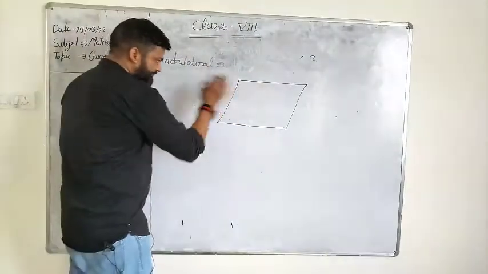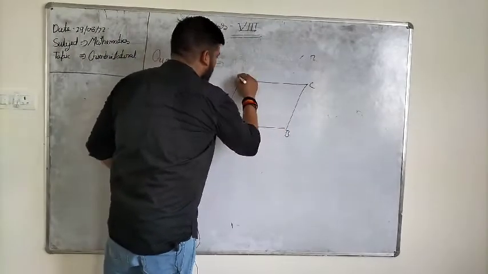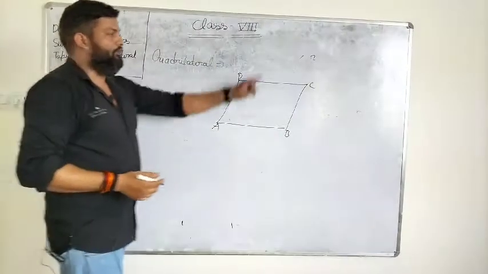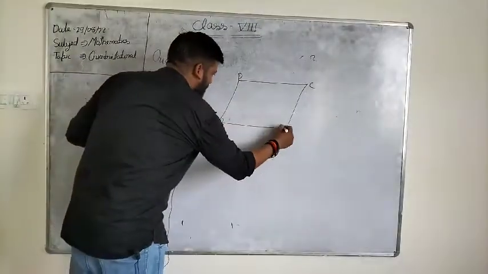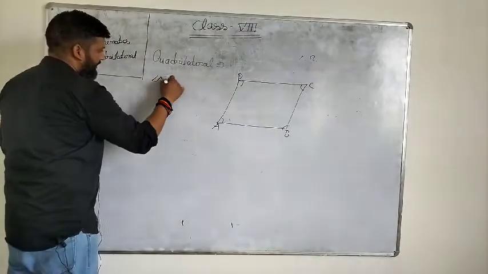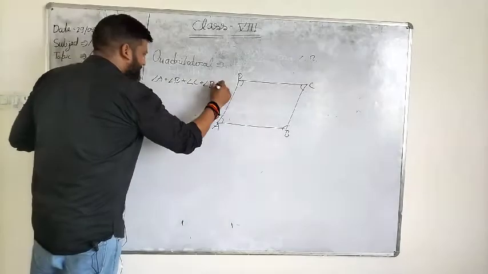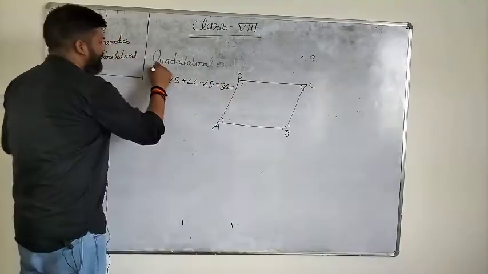And after that, in a quadrilateral, we know that the sum of all angles, angle A plus angle B plus angle C plus angle D, is equal to 360 degrees. We know that.